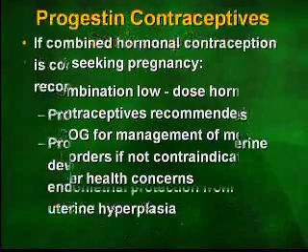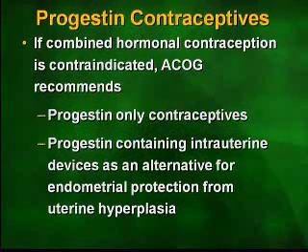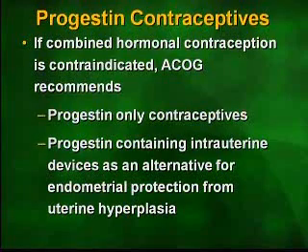ACOG says that if a combined pill is not used, then a progestin only should be used. Their recommendation is the progestin only pill or the progestin containing IUD device. And this is protective for these women against uterine hyperplasia.